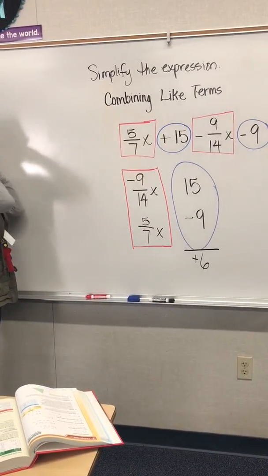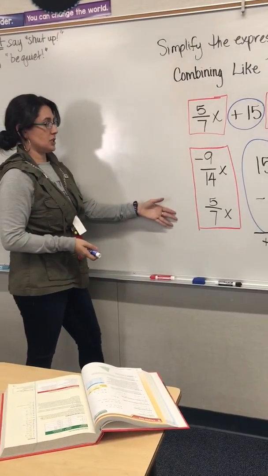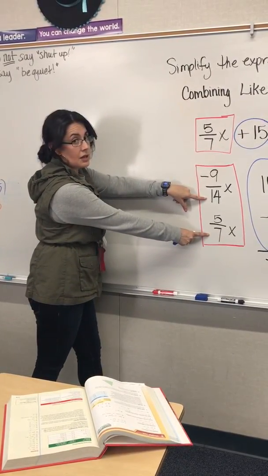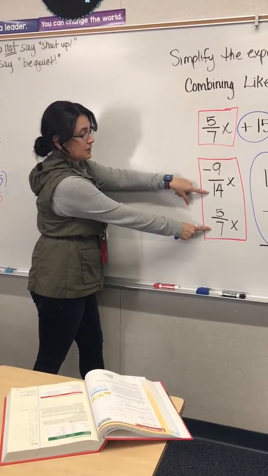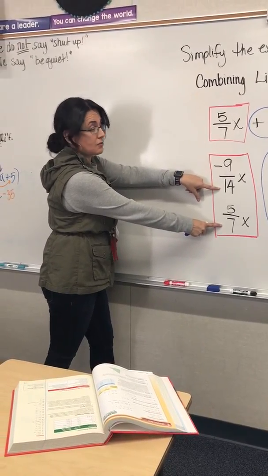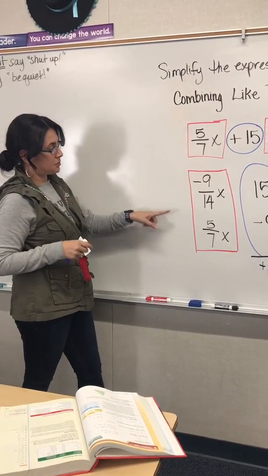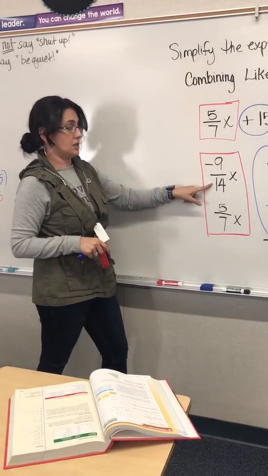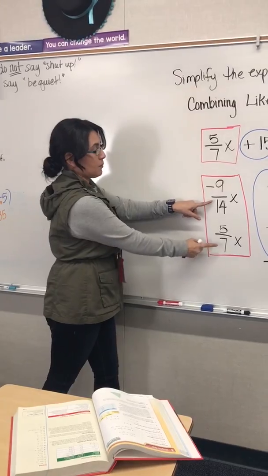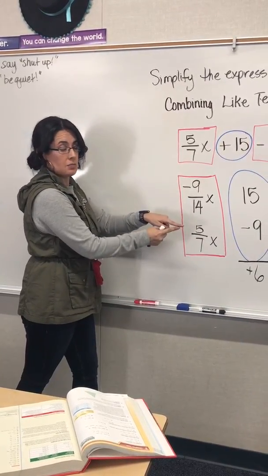So over here, with my fractional coefficients, the denominators are not the same. So what does that mean? That I need to write equivalent fractions with a common denominator. So I want the common denominator between 7 and 14. So the one number that they both go into at the same time.